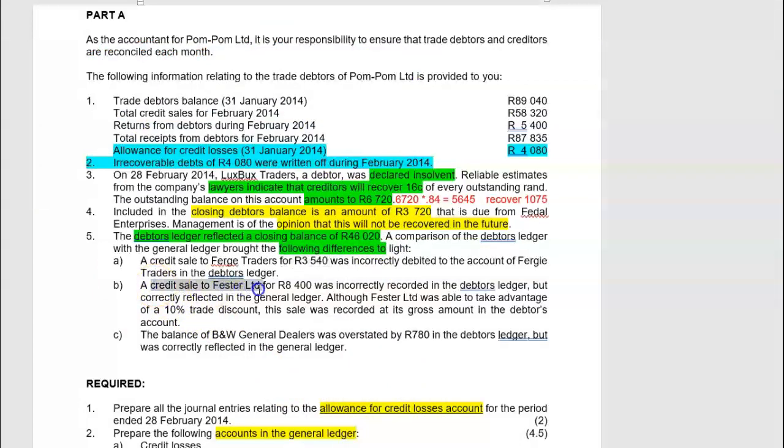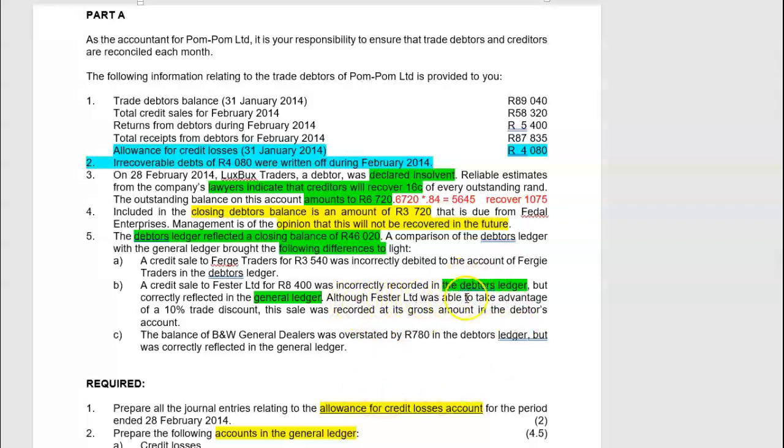A credit sale to Festa for 8,400 was incorrectly recorded in the debtors ledger, but correctly reflected in the general ledger. So what does that mean in plain simple English? It means my debtors control account was right. There was no problem there, but it was incorrectly in the individual debtors account.